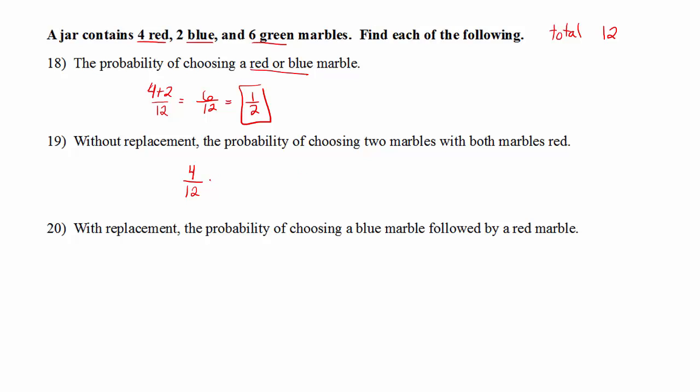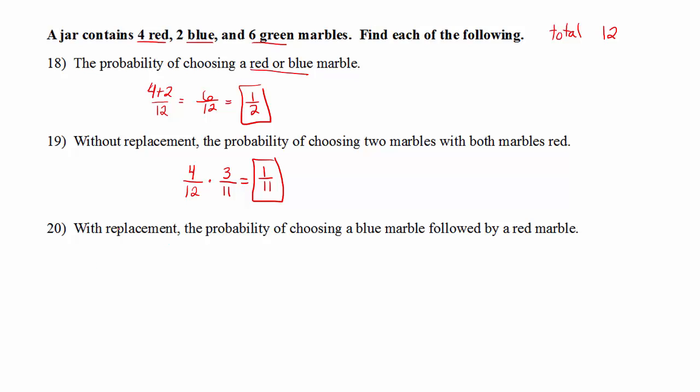But to get the second marble and to get it to also be red, since we took out a red marble, there's only 3 left, and since we took out a marble in general, there's only 11 marbles left. We will simplify this and multiply it out, or multiply it and simplify it, whichever order is fine, but we should get 1/11 as our answer.